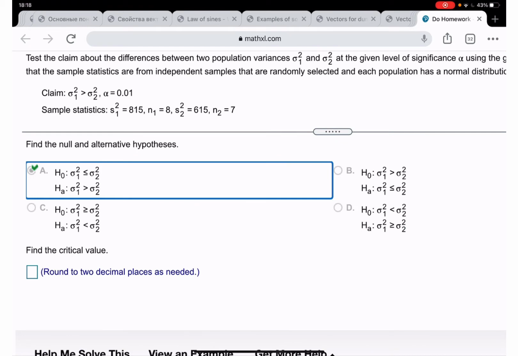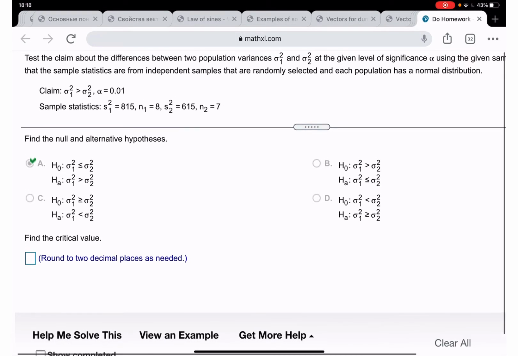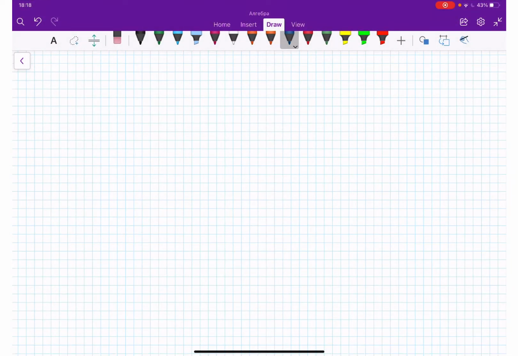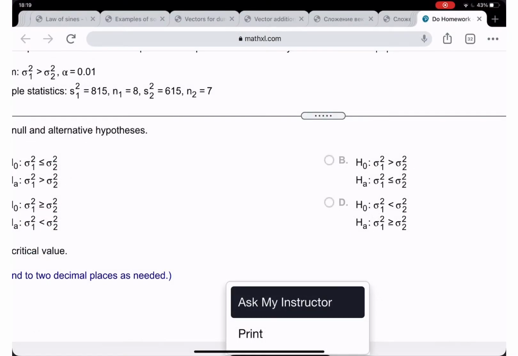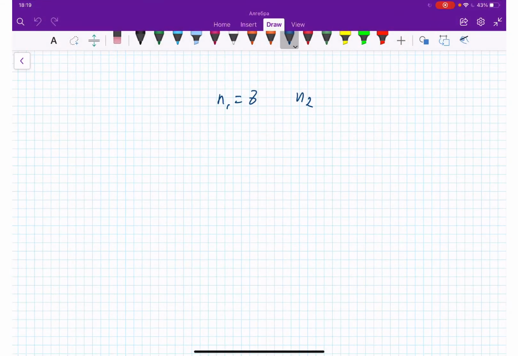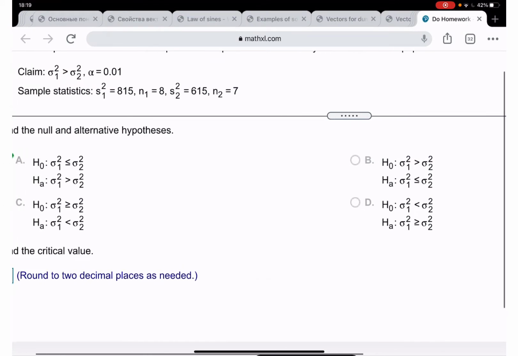Use the F table to find the critical value. So let's write down what we have. N1 is 8, N2 is 7, and our alpha significance level is 0.01.